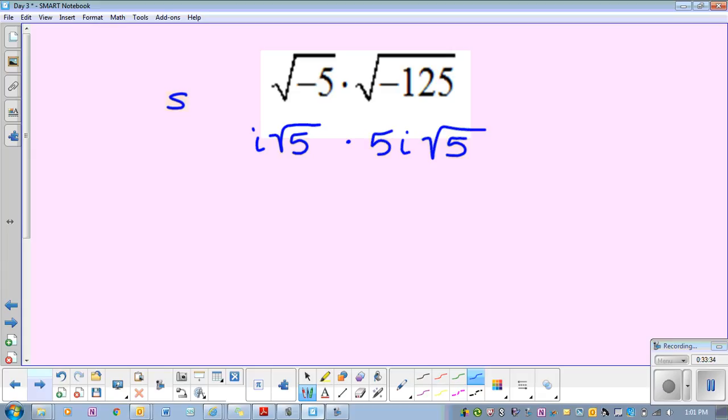Are we okay with where I got 5i root 5? Factor ladder. All right. So now if we multiply the outsides and we multiply the inside, well, we get 5i squared root 25.